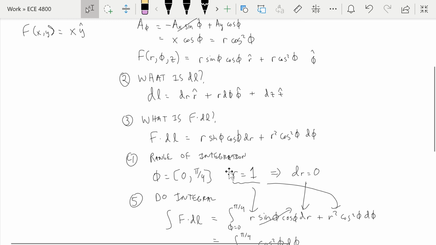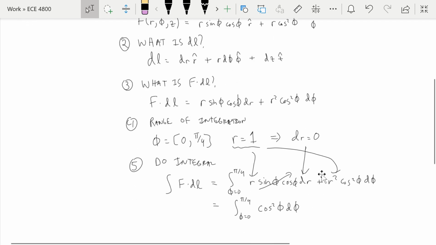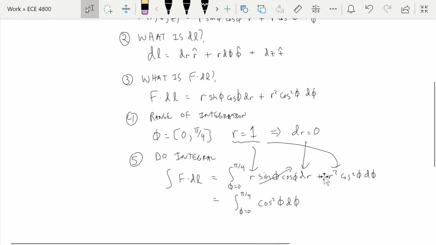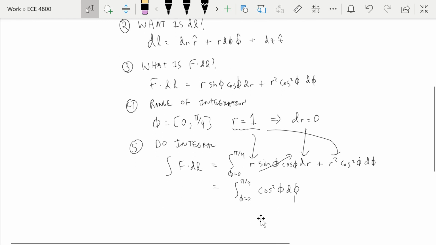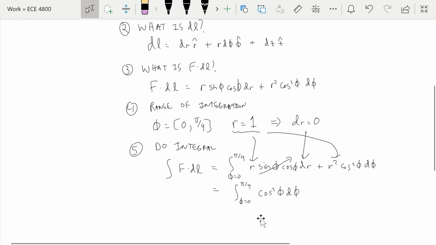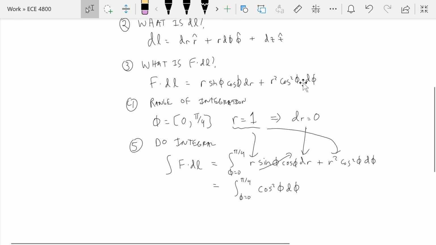But when we're integrating from phi equals 0 to pi over 4, obviously this has to be a variable that we're integrating based on. The other variable, r, is fixed, so we can just substitute in values for r and dr, and that gets rid of our r variable, so that in the end we are only left with an integral that's a function of a single variable. So that's the most important part about doing these line integrals: taking f dot dl, which will often be a function of two variables, and transforming it into an integral of just a single variable.